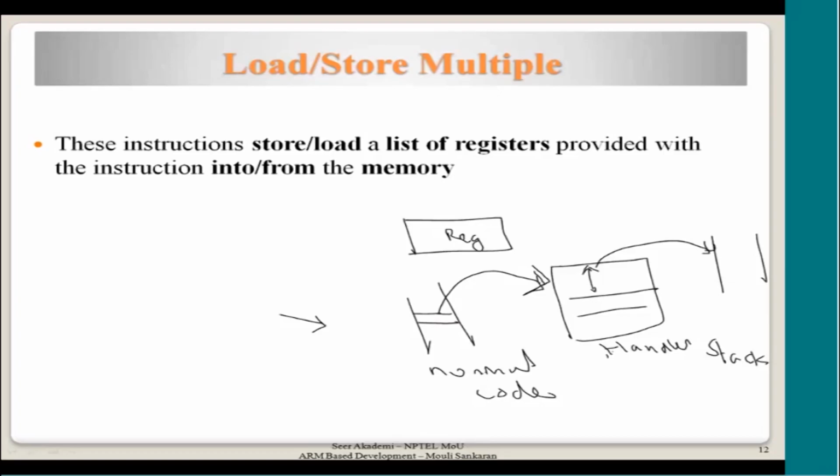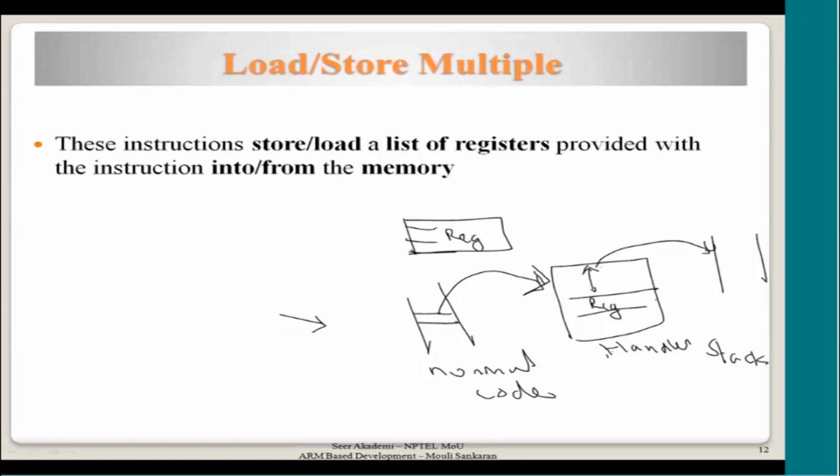Now in this case, it's also assembly code, the exception handler, and it will be doing some operation using the registers. But it has to make sure that it doesn't overwrite some registers which are used by the code prior to the exception. We don't know which registers were used, because there are some banked registers which I mentioned. Apart from that, there are some registers which are common. So if you are using any of the common registers, you have to save them.